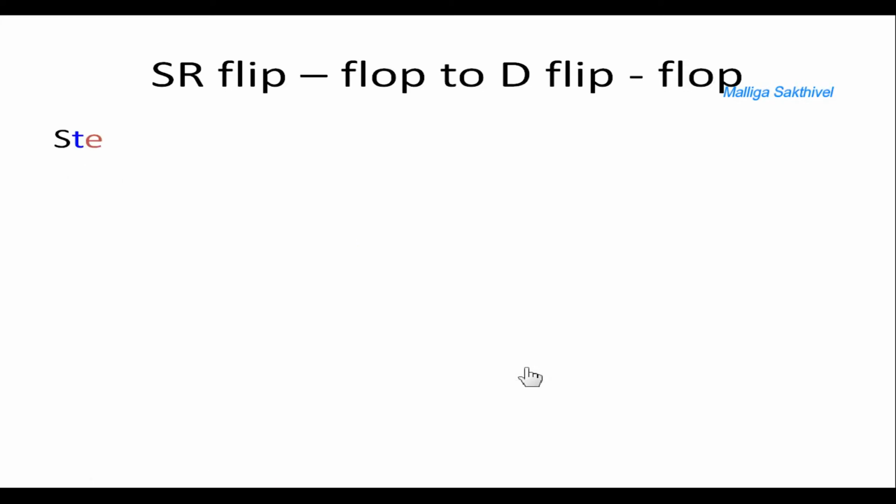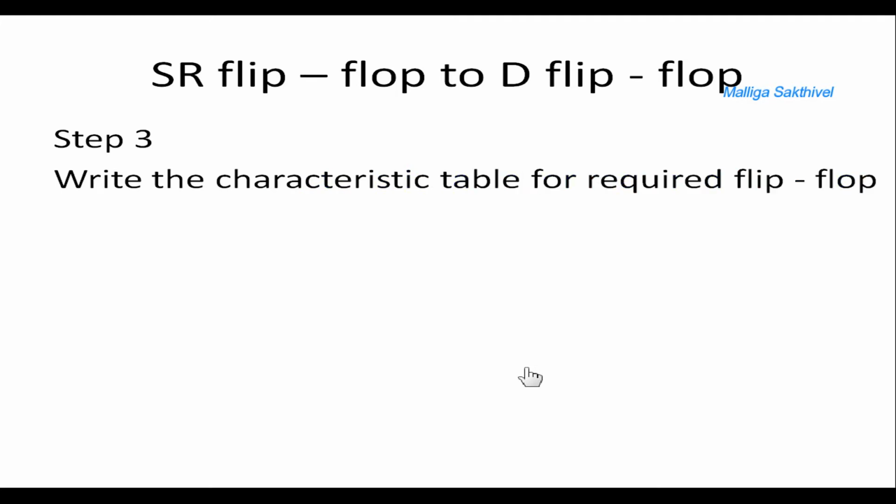The next one is the third step. The third step is to write the characteristics table for the required flip-flop. The characteristics table is where we list out all the inputs and the present state, and for these combinations, we find the next state. The table consists of inputs and the present state, and for these combinations, what will be the next state.